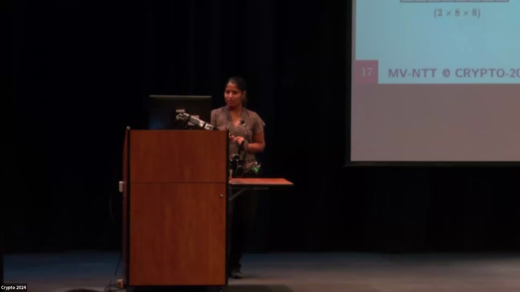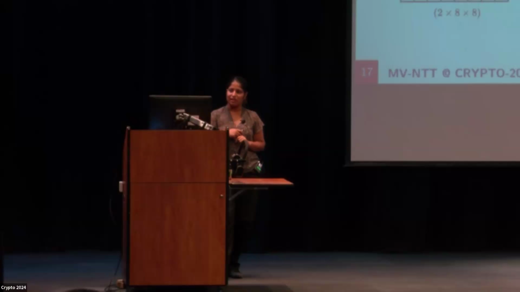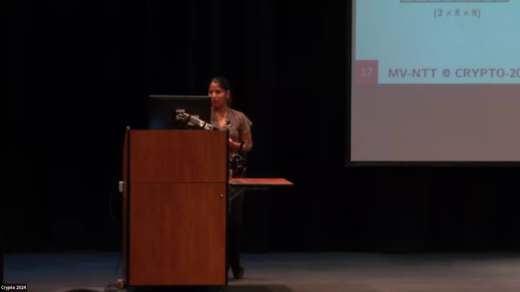And first we start with a row-wise NTT. Then we do a sheet-wise NTT, which is much smaller. And then we do a simple transpose operation and perform again a row-wise NTT. And you can see here we do not need a long 32-point NTT at once. The largest NTT that we have to do is 8-point NTT. And the coefficient size only increased to, for example, 16-bit in this case.